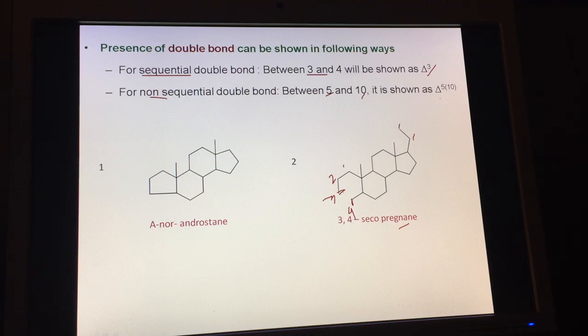Here you have seen that the bond between the 3rd and 4th position is broken, and likewise you can also practice it with some other examples. You can add certain groups, for example groups at this position, attached by alpha and beta configuration, and likewise. So, this was all about the nomenclature and stereochemistry of the steroids.